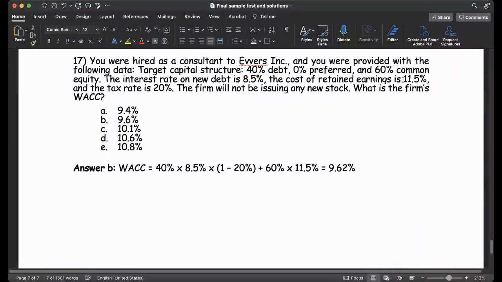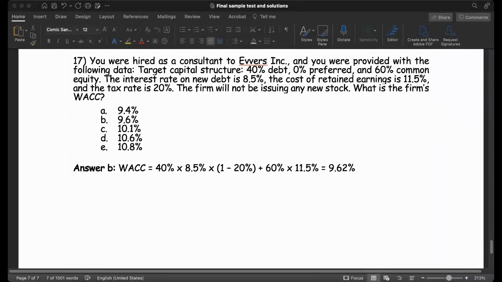Okay, so remember the formula for WACC? If you don't, you can refer to our formula sheet again. You will see the WACC formula, okay? And it's in chapter 12. It is the weight for debt multiplied by cost of debt, RD, so WD is weight of debt.